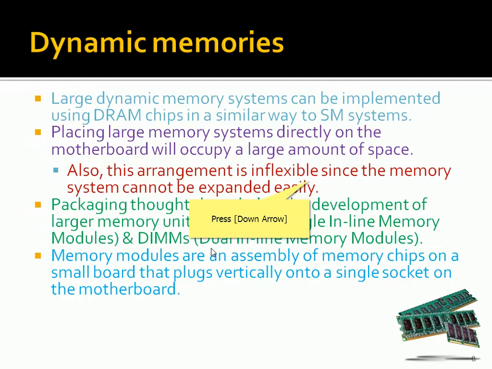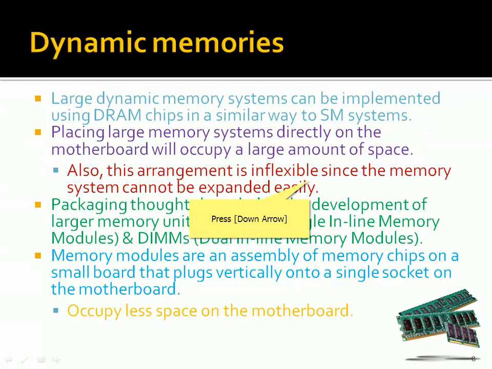Memory modules are an assembly of memory chips on a small board that plugs vertically onto a single socket on the motherboard, right? So they occupy less space on the motherboard.